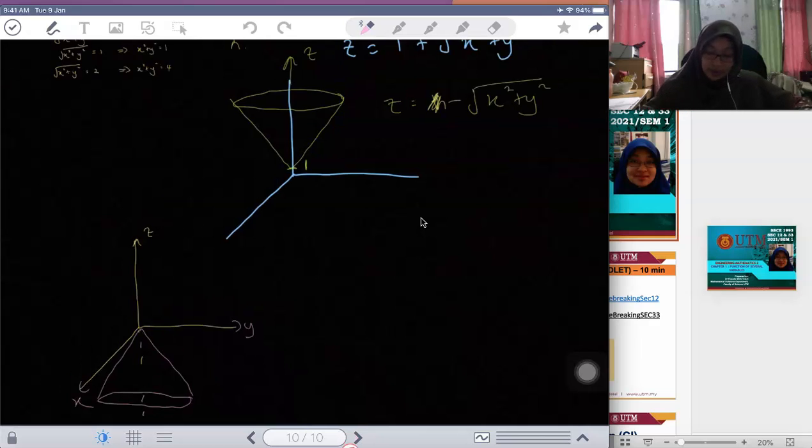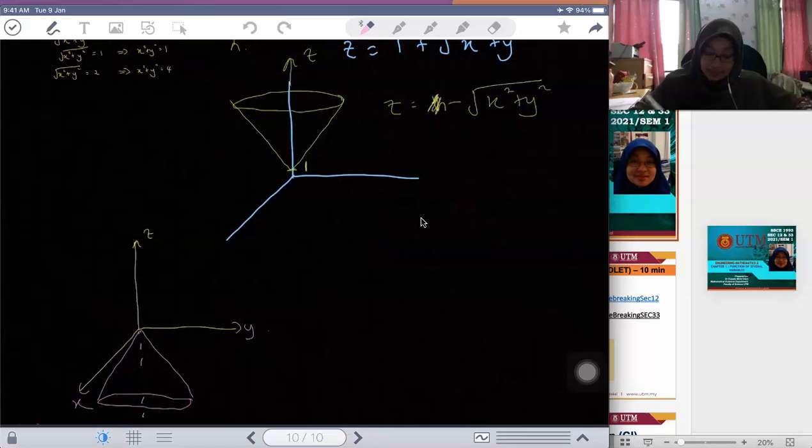Now because you have plus 1, positive 1, you shift the cone 1 unit above along z.